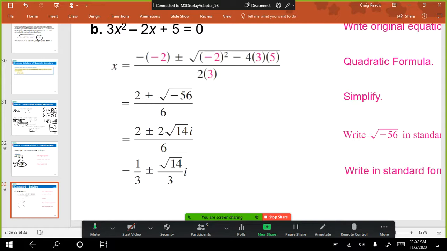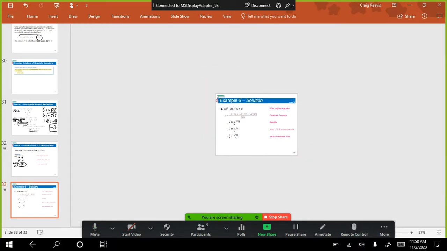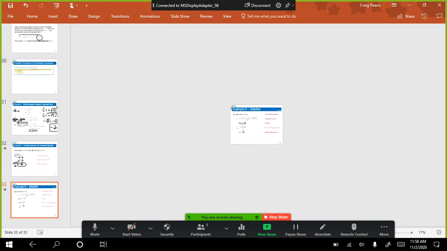So if we have 3x squared minus 2x plus 5 equals 0, obviously if it's going to lead to an imaginary number, we cannot factor it, so this will not factor. So let me rewrite this down.